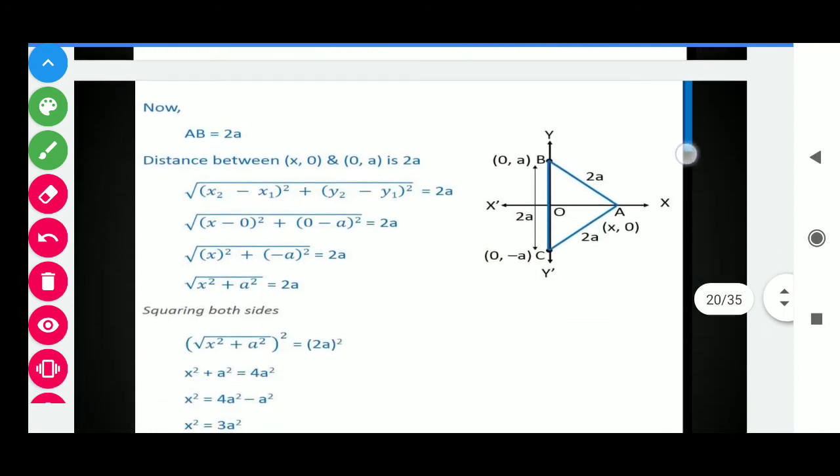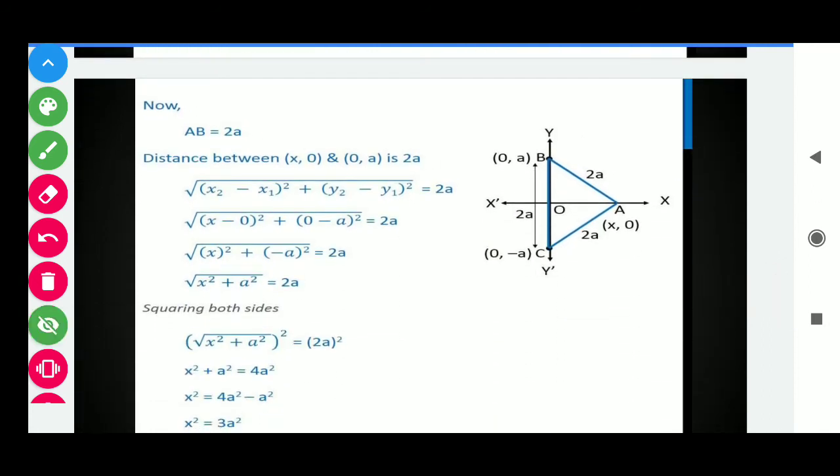For that, you can use the distance formula also. This is the alternative method. Because we have to determine point A, let this point be (x, 0) and the distance from A to B is 2a, that is given. So by using the distance formula, AB is equal to the square root of (x2 minus x1) whole squared plus (y2 minus y1) whole squared. Put the values: x2 is x, x1 is 0, y2 is 0, y1 is a.